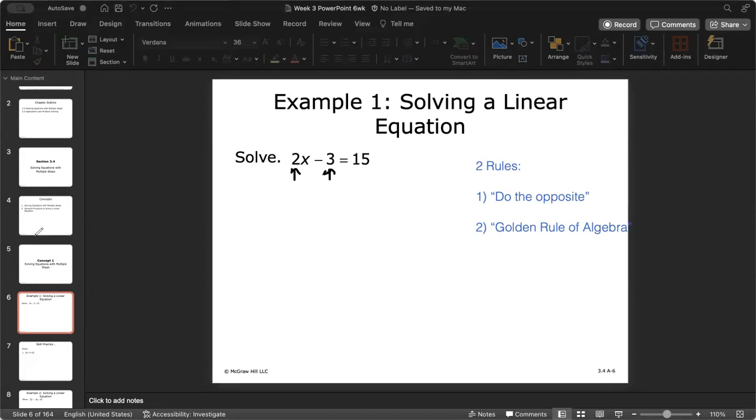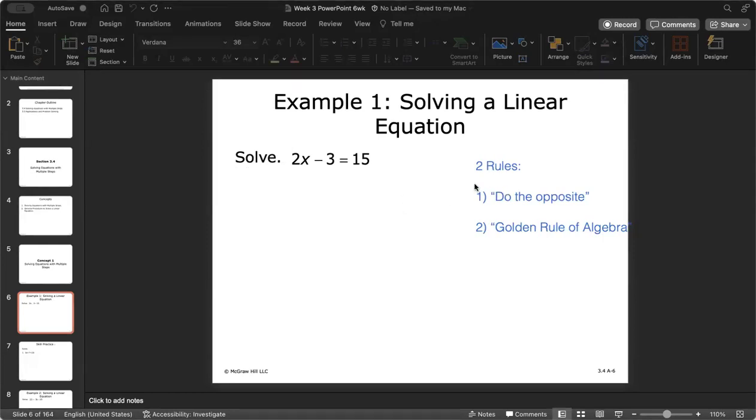What do I have to get rid of first, the 2 or the 3? Generally speaking, whenever you see addition or subtraction, that's what you're going to get rid of first. We'll build upon this and see it develop as we go along. So get rid of the -3 part first, and then deal with the 2.